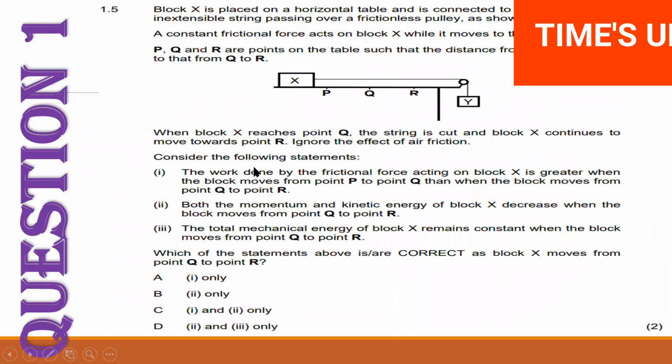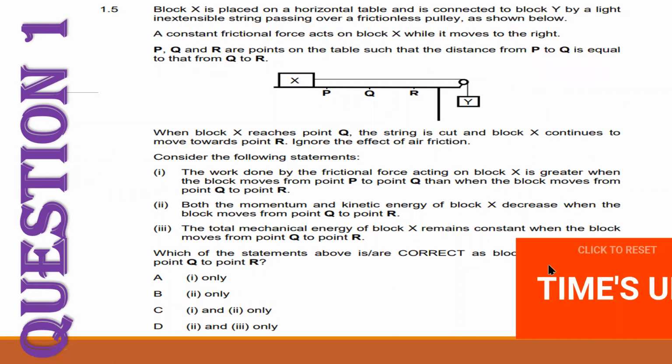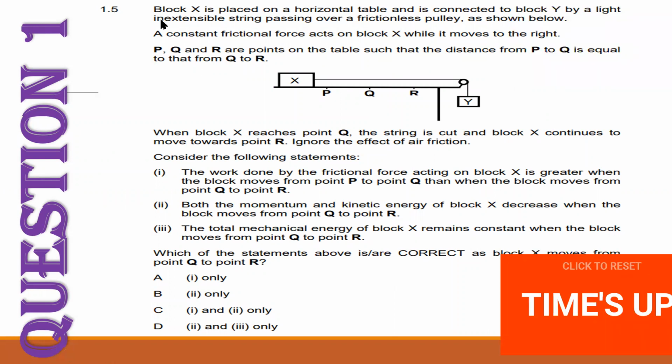This is a long question. Before giving your 30 seconds, let's read the question first. Block X is placed on a horizontal table, connected with block Y, and a constant frictional force acts on block X for all motion to the right. Distances from P to Q are equal.